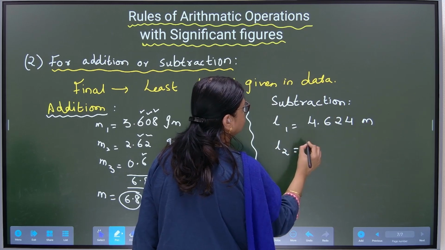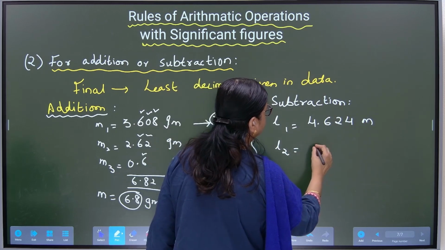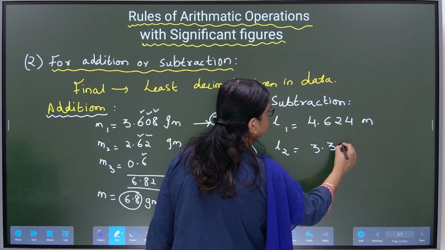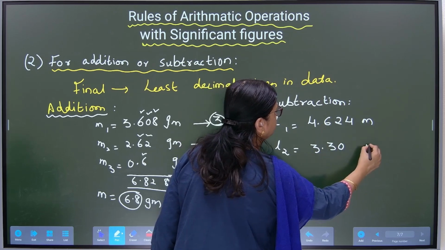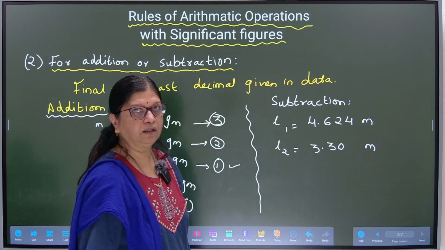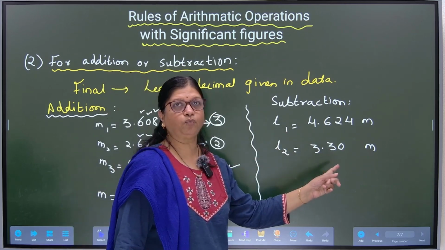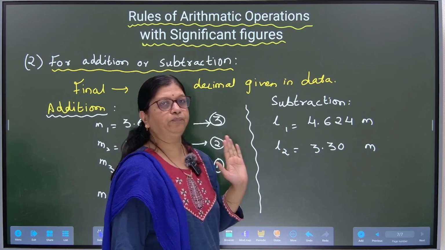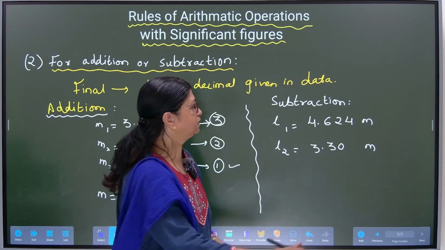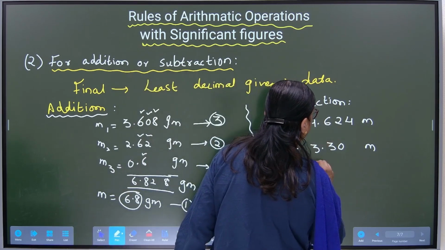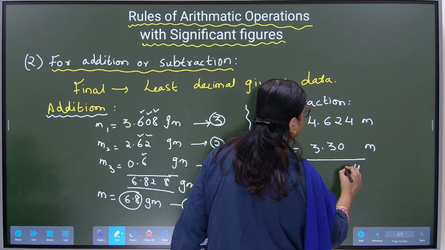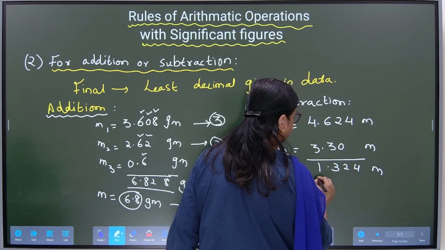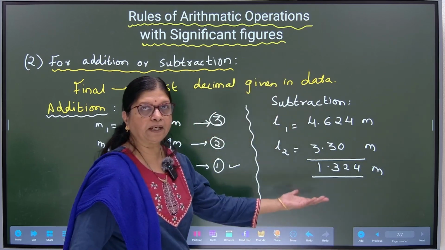L2 is equal to 3.30 meters. Remember, after decimal, whatever digits are there, they are for precision. So now, my final answer according to a normal subtraction would be 1.324 meters. This would be my normal subtraction.